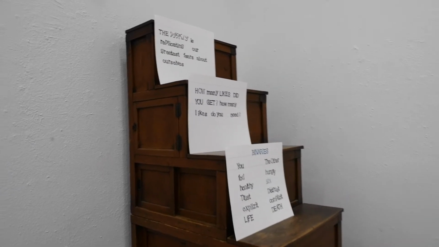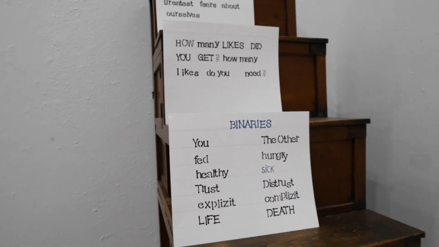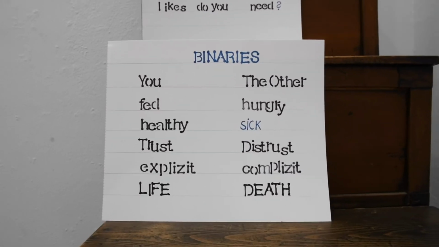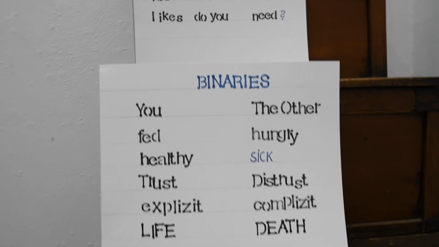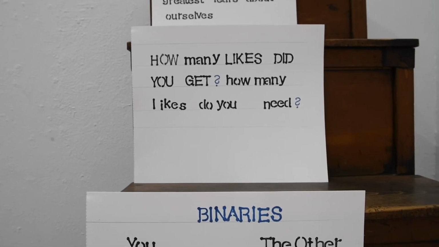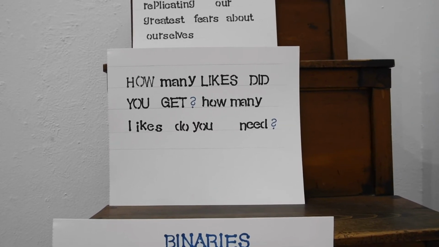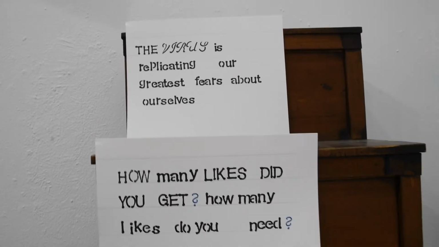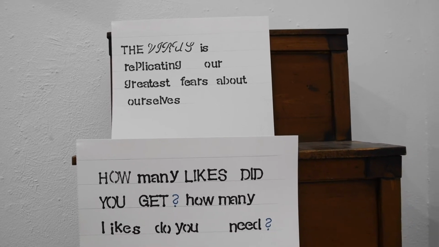These are statements that are part of that installation that hopefully are providing context for the show, starting with binaries and then going to the issue of likes, and finally the virus is replicating our greatest fears about ourselves.